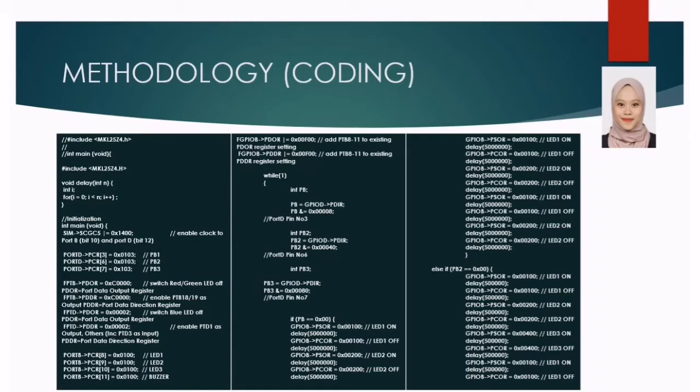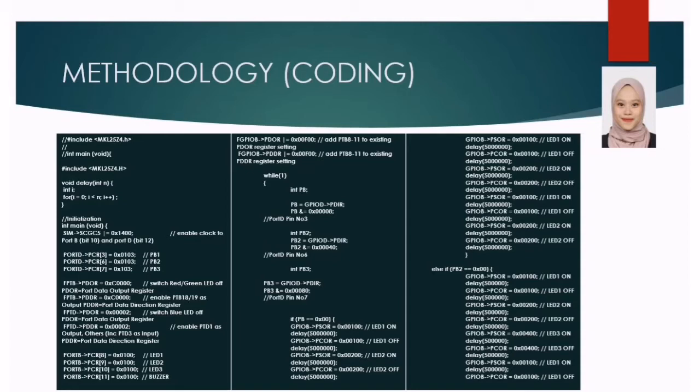Methodology, coding. Okay, from here we can see we will start with hashtag include. This is our chip. Then void delay, int i, for i = 0, i less than n, and i plus plus.